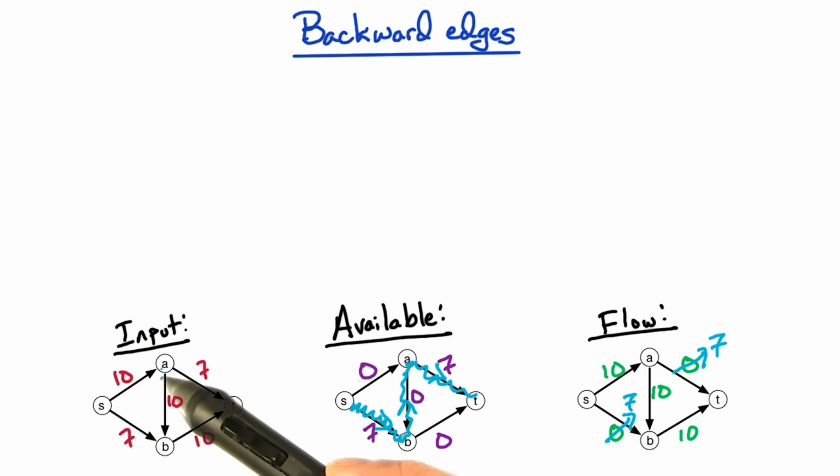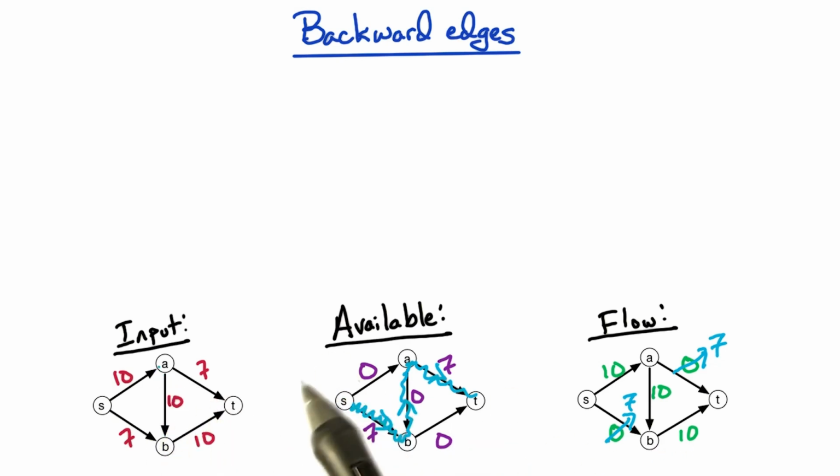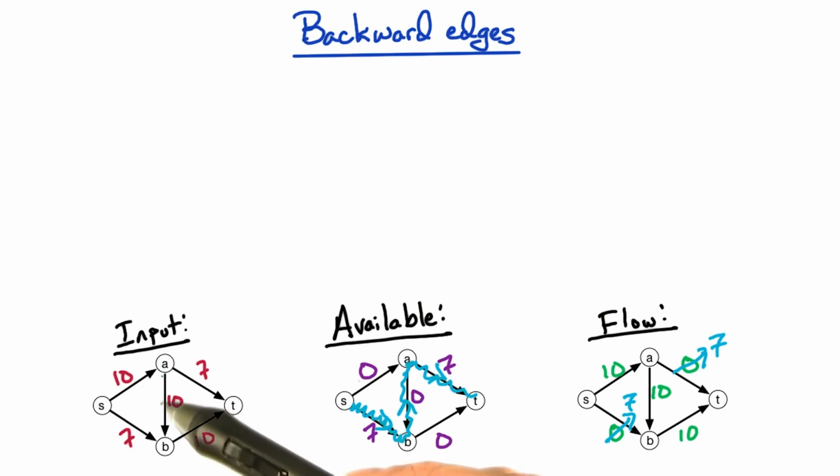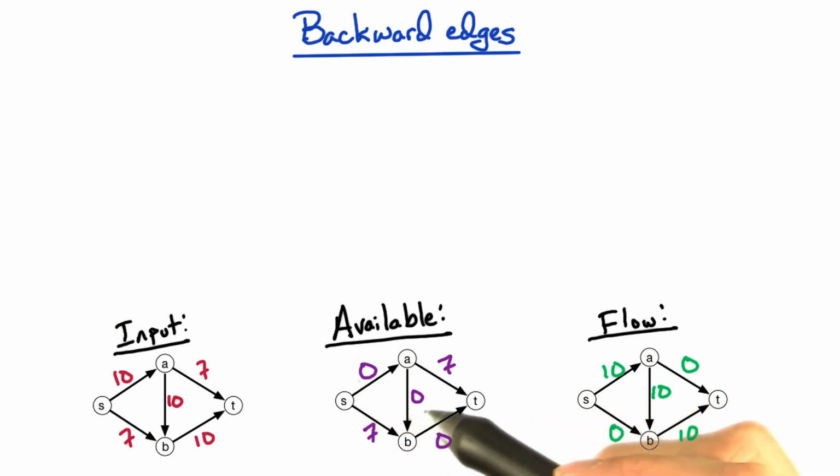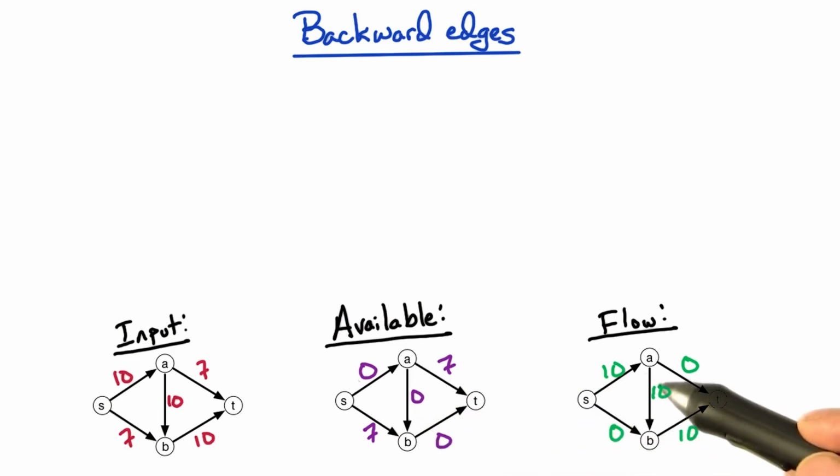Well, think about this as a pipe. So when we send flow along this edge A to B, we're opening the faucet. So we're sending more flow along this pipe. If we send flow from B to A, it's like we're closing the faucet. So we're sending less flow from A to B. The point is that this graph of available capacities is not properly representing everything that's possible to do from this current flow.